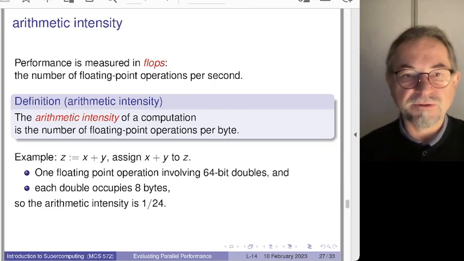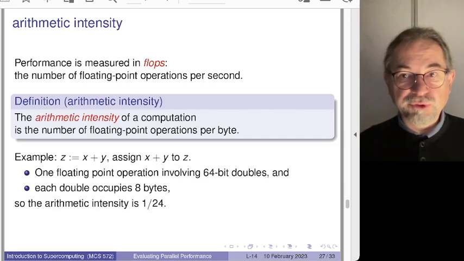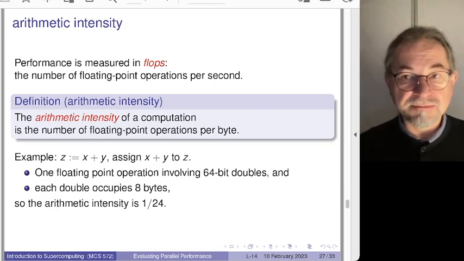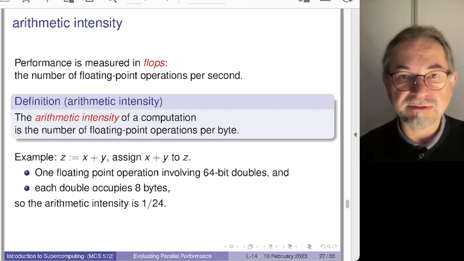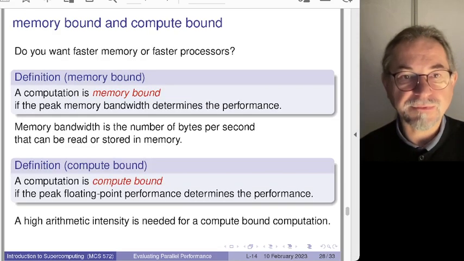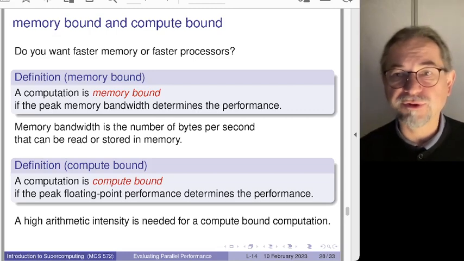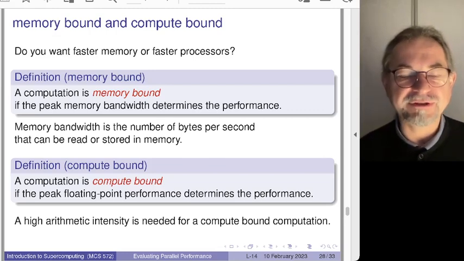So we have a total of 3 doubles, so 24 bytes, and we only do one floating point operation. So the arithmetic intensity is 1 over 24. So that is the computation of one floating point addition. It's going to be a memory-bound operation.